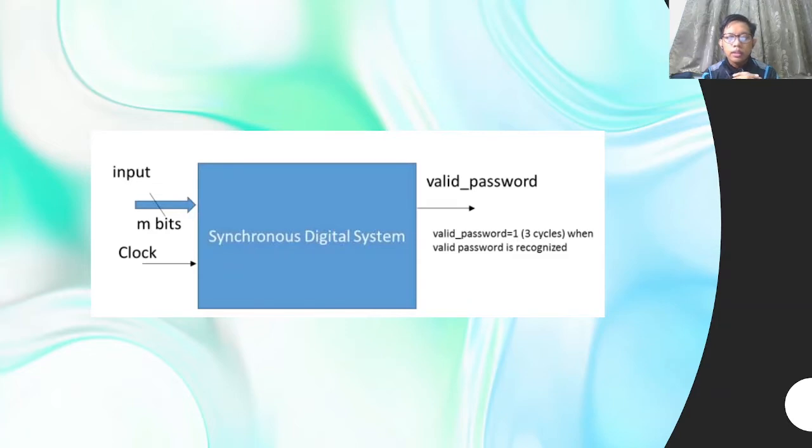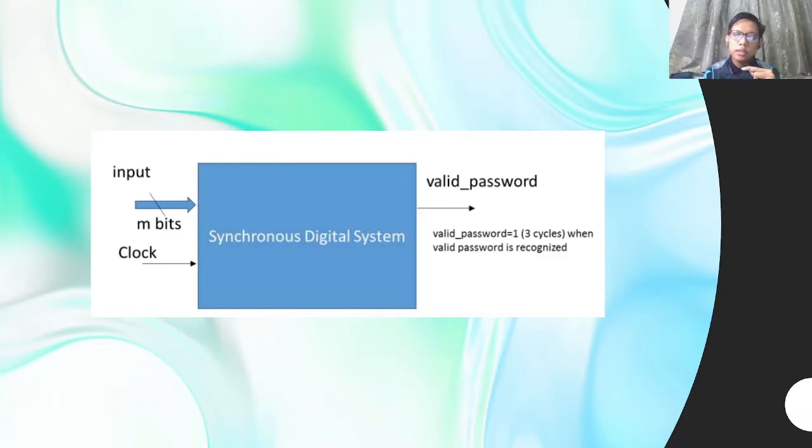Sekiranya kata laluan yang dimasukkan adalah betul, sebanyak 3 clock cycle akan menjadi high. Sekiranya tidak, tiada high pada clock cycle.